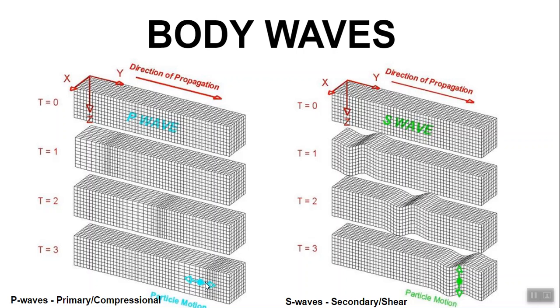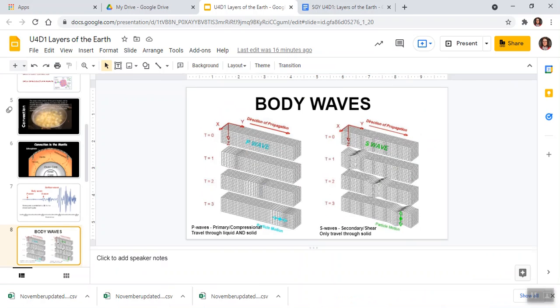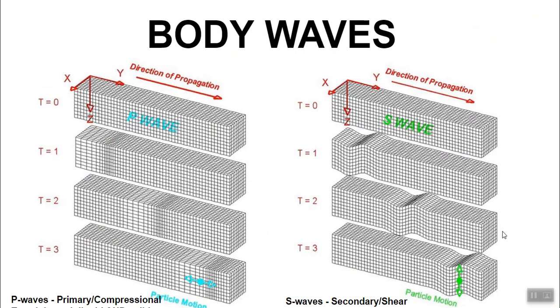Number 18, which body wave moves the rock in an up and down motion in a shear sense? The S waves show us that particle motion that's up and down in a shear sense.